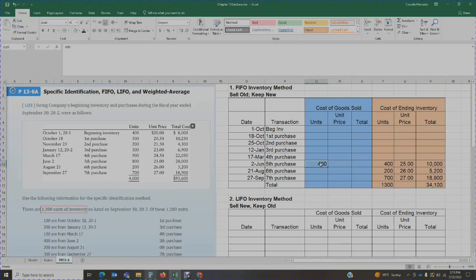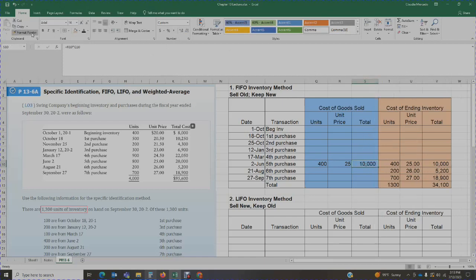So we ended up selling 400 at $25, and that's going to give me 10,000. Let me just expand this one. So from this point up, I have sold everything because I sold my old and I kept my new.